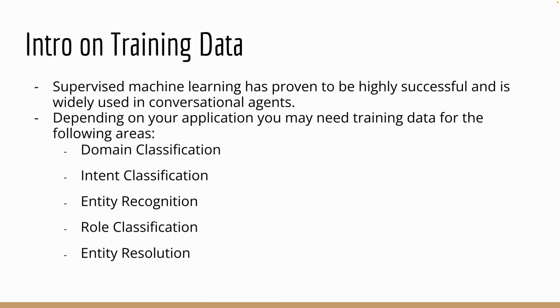Next, we have the entity recognizer. This can identify important sub-text or words within the sentence, and can also figure out what is the value of those words. It might find that those two words in a sentence, Pizza Hut, are actually the name of a restaurant.